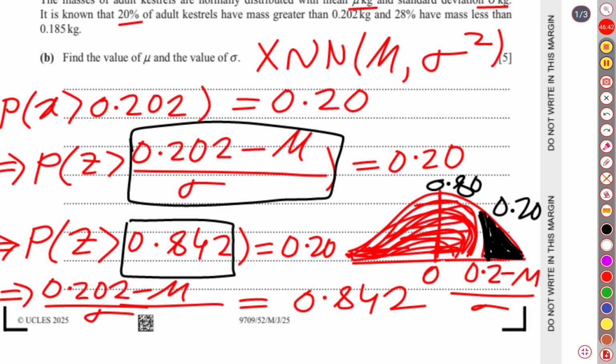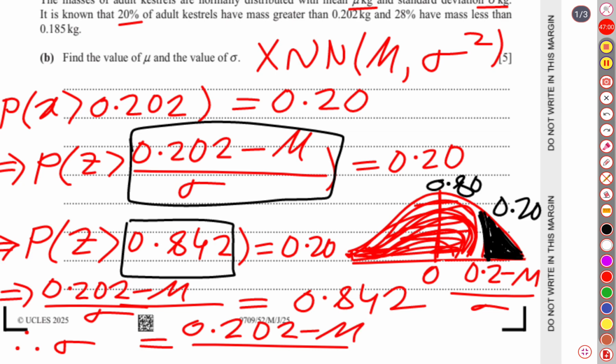If we isolate sigma, hence our sigma is going to be (0.202 minus mu) over 0.842. So this is one of the equations we can write, equation number 1. There will be two equations because simultaneously two values are missing.